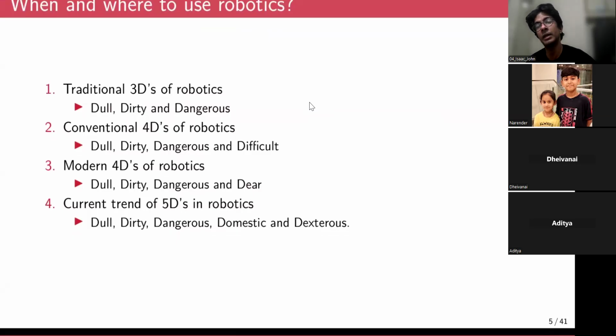So robots have infiltrated tasks that could be classified as domestic. For example, the Roomba robots, the vacuum cleaners, you could probably find them in a lot of homes these days.